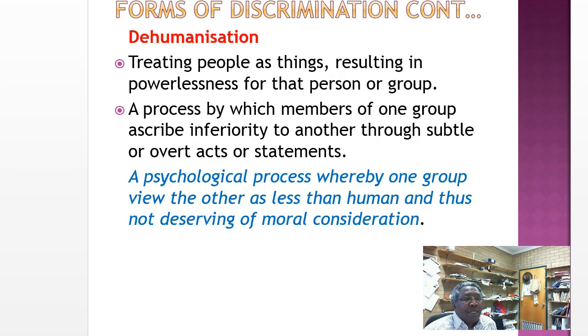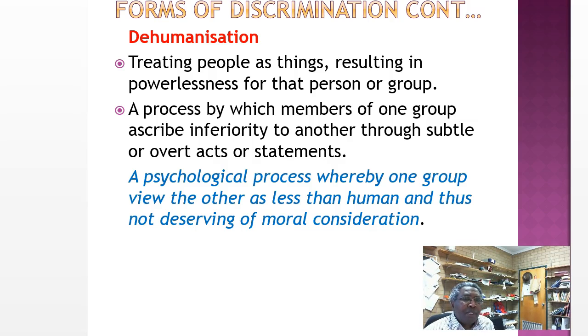A very serious form of discrimination is dehumanization, which relates to all the other forms of discrimination that we have talked about. But this is at the extreme level where people are treated as things. You had, for instance, the crisis in Rwanda where the Hutus were describing the Tutsis as cockroaches.